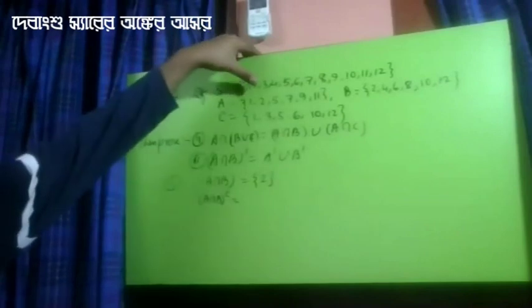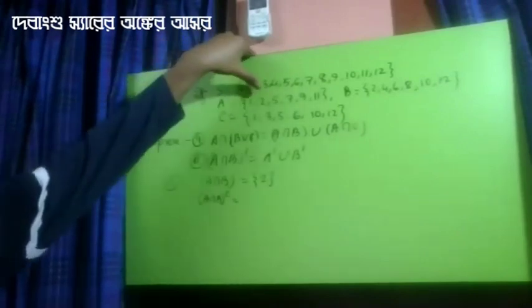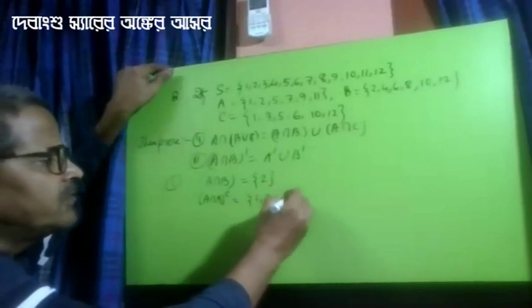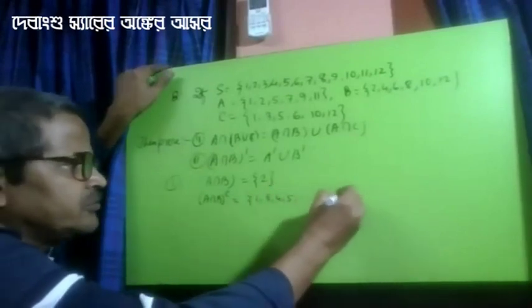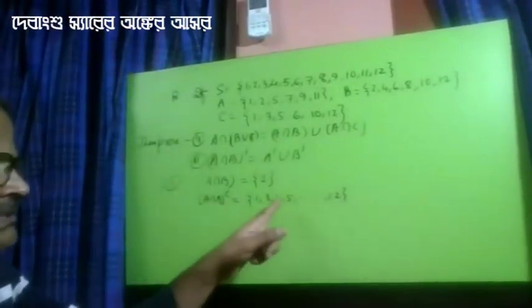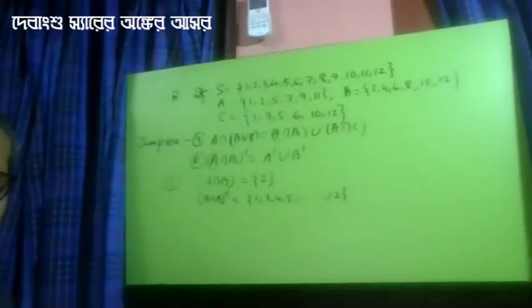So I have to write all elements of S except 2. So it will be 1, 3, 4, 5, up to 12. You can write it in this way, that means all elements between 5 and 12 are included.